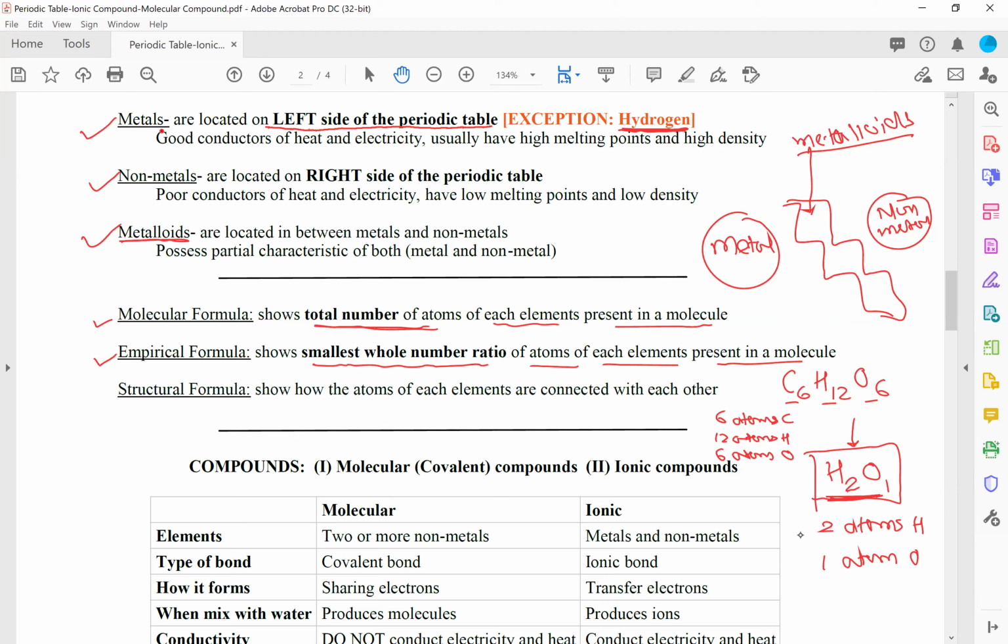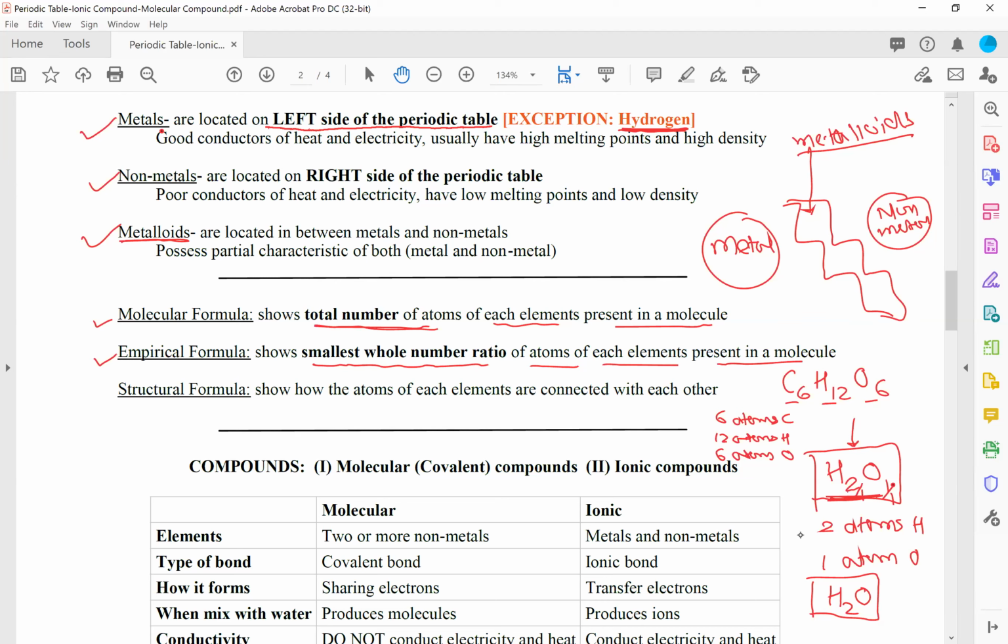To write the empirical formula, I have to divide by the smallest number that we have, in this case 1. If I divide this by 1 and this by 1, the numbers are not going to change, so this formula is going to stay the same. So in the case of water, the molecular formula and the empirical formula are the same, because this is the smallest whole number ratio of the atoms of each element.